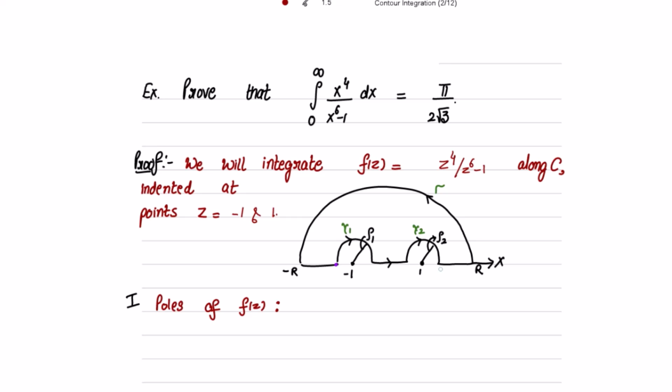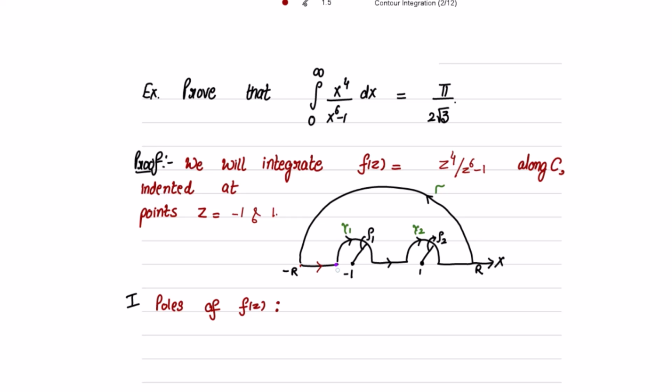And this contour is then along the real axis, followed by the semicircle tau, right? So we just need to write out the points first. This is -r and the contour starts from here. You can start from wherever you want to, but I'm going to start from -r to this point.